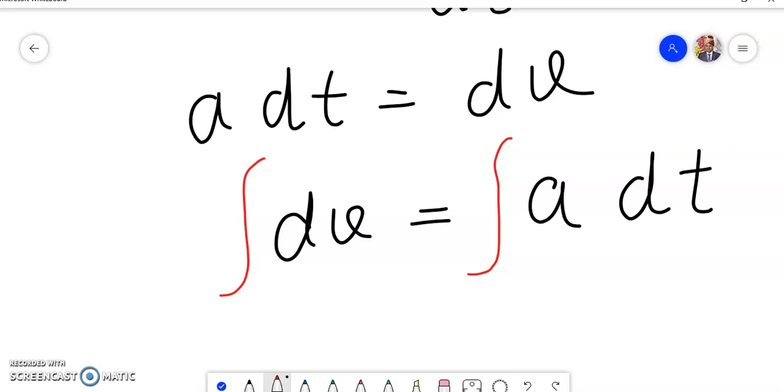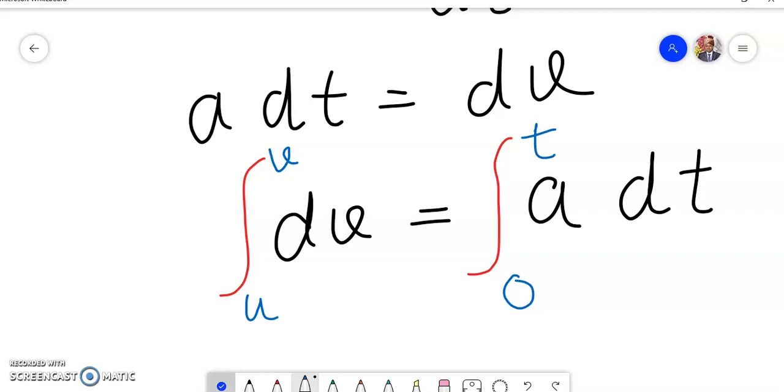Just see. Initially, when the time was 0, suppose at that time, let the initial velocity be u. Now when the time is finally t, let the velocity be v. So the left hand side will be integrated within the limit u and v, and the right hand side will be integrated within the limit 0 and t.